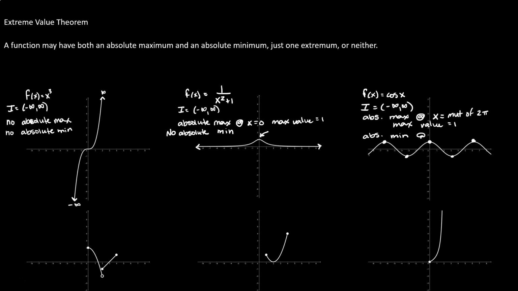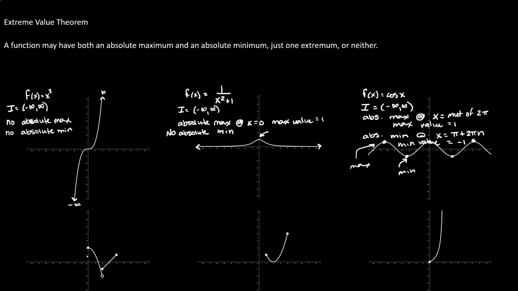So our minimum is happening at pi plus 2 pi n, essentially. And the minimum value is at negative 1. So we have our maxes at the top and our mins at the bottom. So when we're looking at extremums, we're looking at the function value. If we're looking at where they happen, then we're looking at the input, the x value.